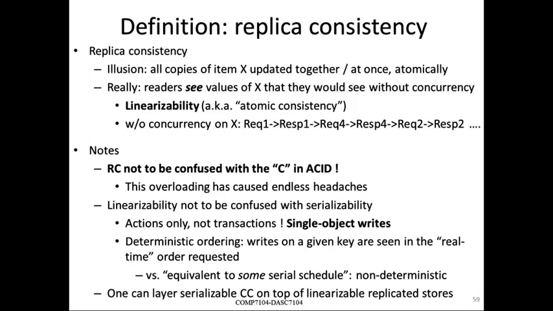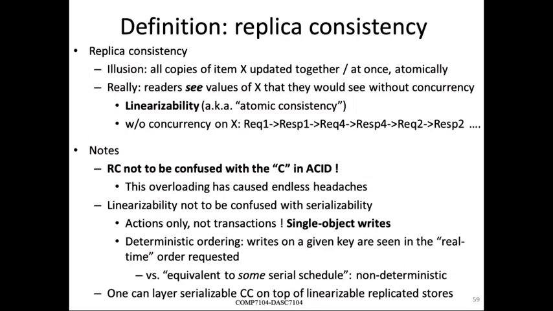Remember once again what you should take from this slide: strong replica consistency is about the absolute ideal. All copies of an item X should be updated together at once atomically. And then the realistic ideal, which is linearizability.